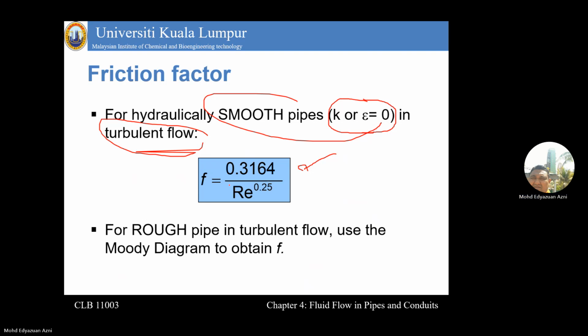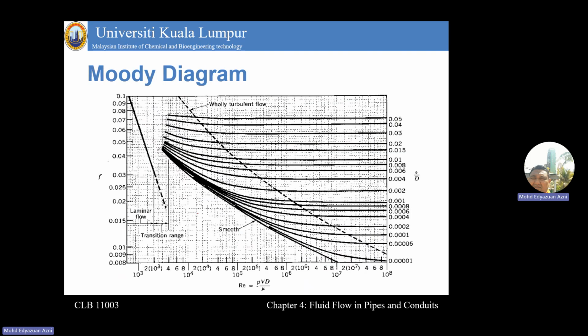But what happens if we have turbulent flow and the pipeline is rough? For condition number 3, with turbulent flow and a rough pipe, we need to use the Moody diagram. This is the Moody diagram, which is a three-axis diagram.